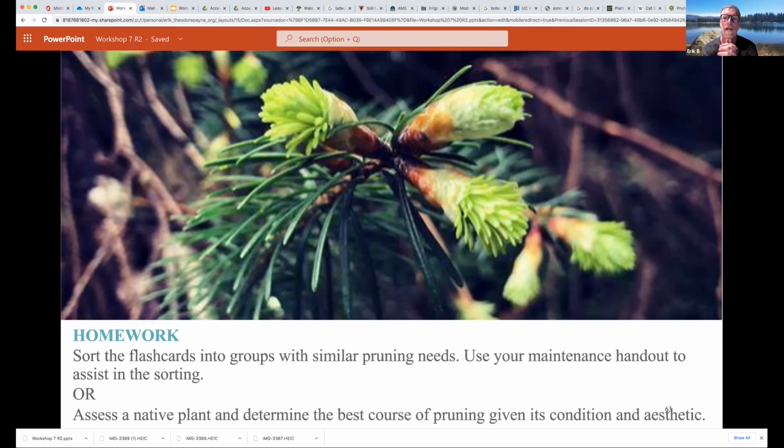You could say, these cards are done in this season, or this is a coppicing plant, this is sort of a deadheading plant, stuff like that. Or I would say assess a native plant, determine the best course of pruning given its condition and aesthetic.